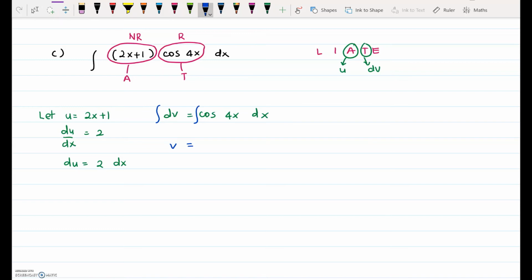Next we will integrate your dv to find v. So v is integration of cos 4x, which is 1 over 4 sine 4x, and then we will substitute in the formula. Let's look at the formula. We have integration of u dv equals uv minus integration of v du. The question we have is the integration of 2x plus 1 times cos 4x dx, and now we can substitute.